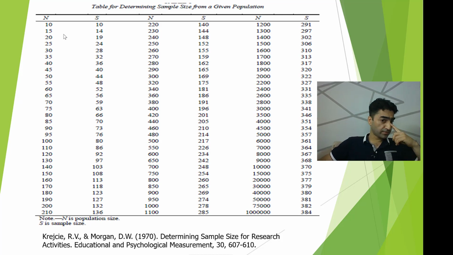For example, if the total elements in the population are 10, then you go for 10 subjects or respondents. If it's about 400 elements, then the sample size should be 196. If it's about 75,000, then the sample size should be 382.